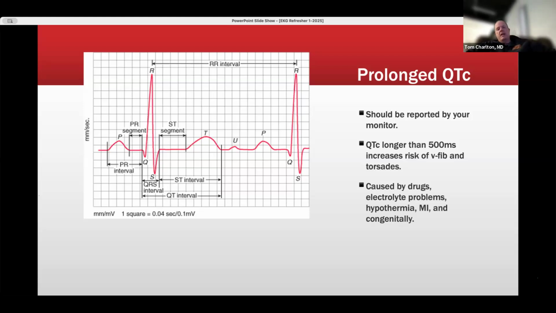We'll also see it in hypothermia, some MIs, although I've never seen it with that, and unfortunately, congenitally. There are people out there who have faulty sodium pumps on their cells, and they just don't work right. As a result, their QTC is prolonged, and it's not a matter of if they're going to have VFib, it's a matter of when.